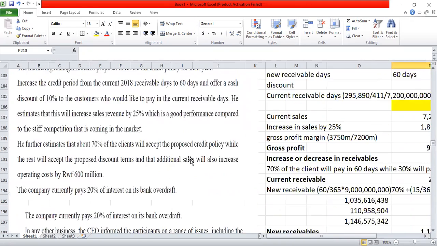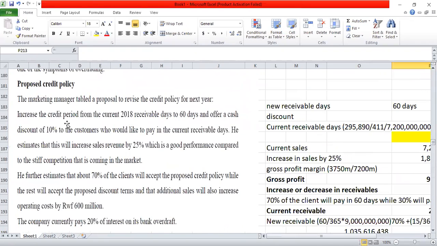It is here. Increase in the credit policy from this to 60 days. Discount of 10% to the customer who would like to pay in the current receivable days. So the current receivable days is 15.